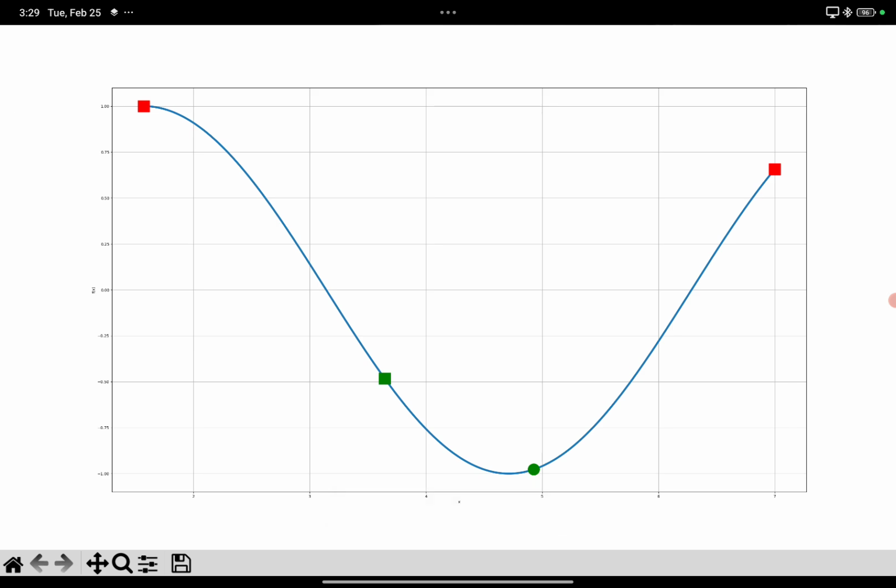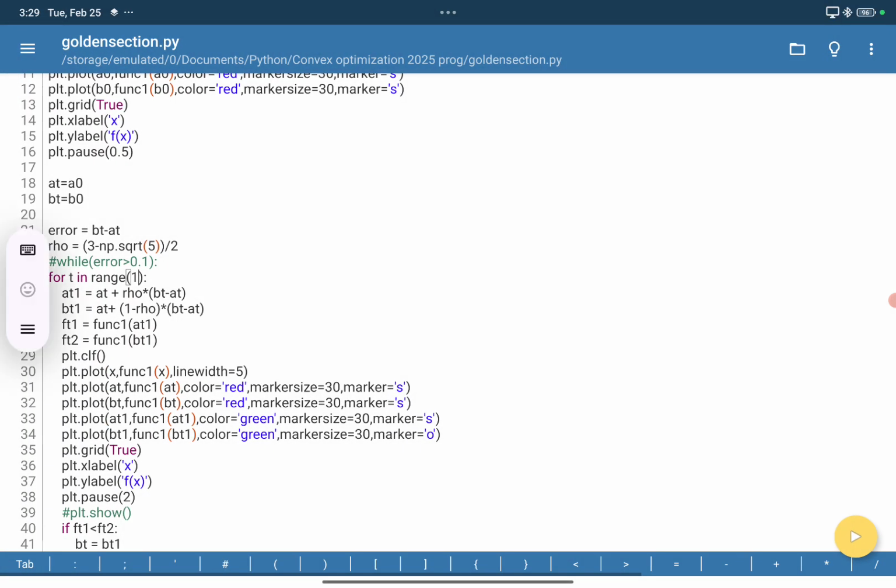Out of these two, which region should be eliminated? The leftmost, that is from a0 to a1. The minimum obviously lies in the interval from a1 to b0, and that's indeed what the algorithm does.